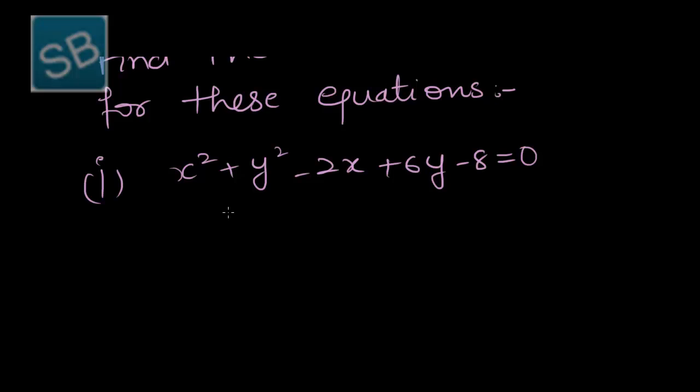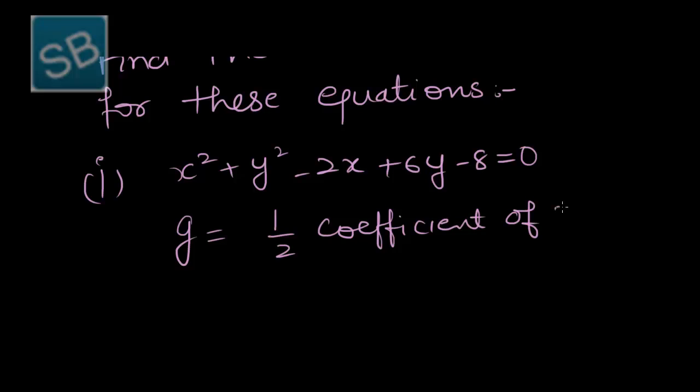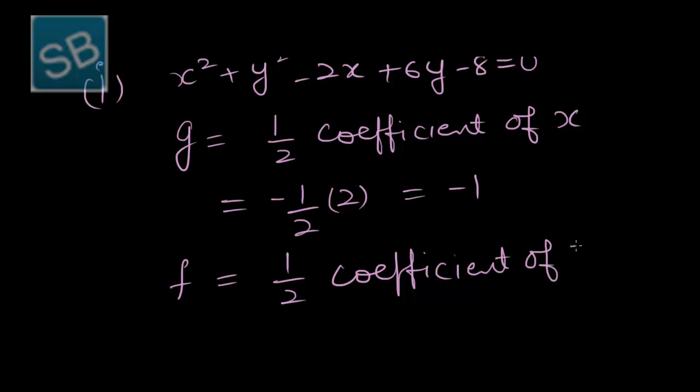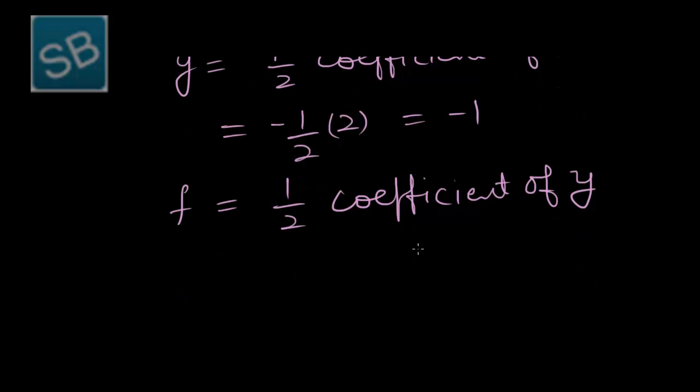First of all, we will find the value of g, that is half the coefficient of x, that is minus 2 over 2, that is minus 1, and f is half the coefficient of y, that is half of 6, that is 3.